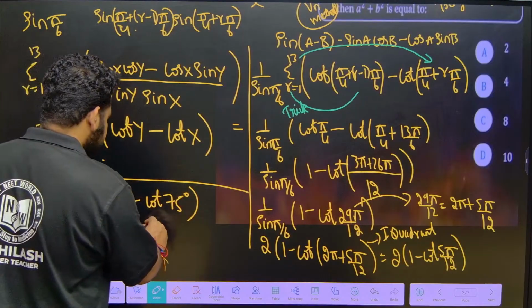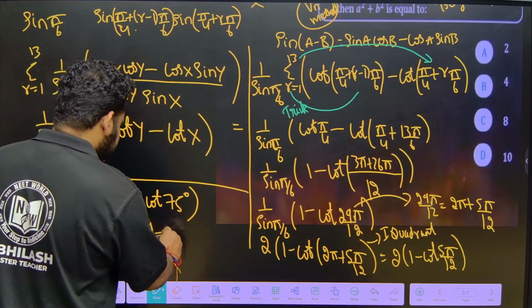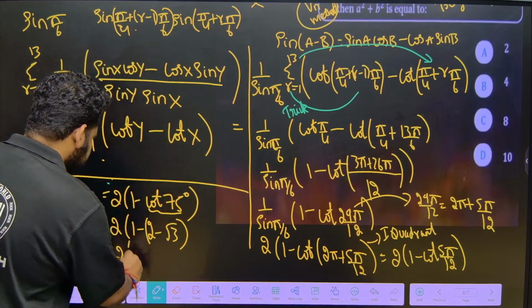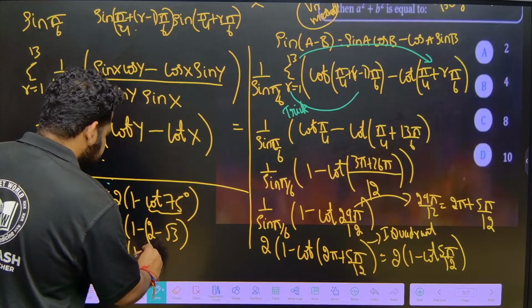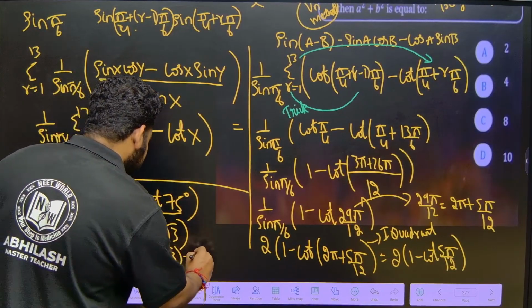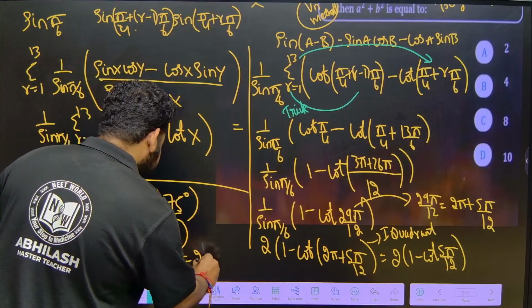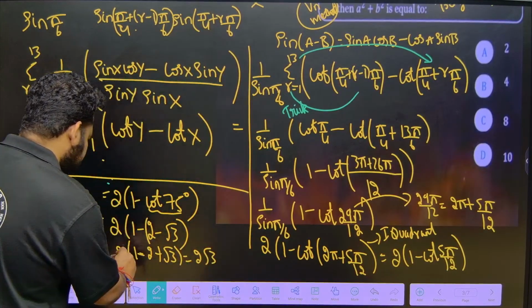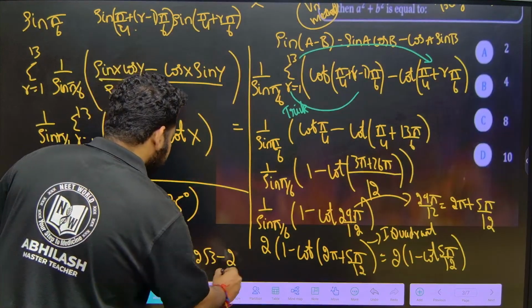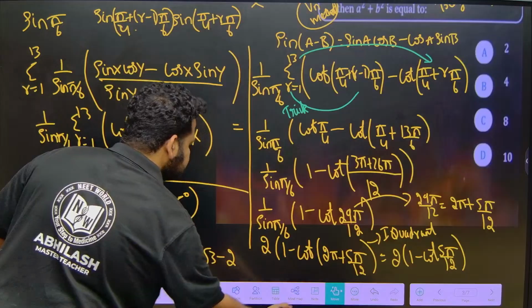So this will become 2 times 1 minus 2 plus root 3, which will be equal to 2 root 3 minus 2. Now this we have to equate to the RHS.